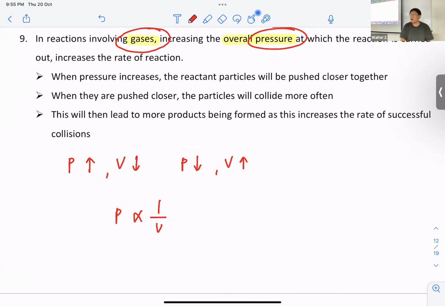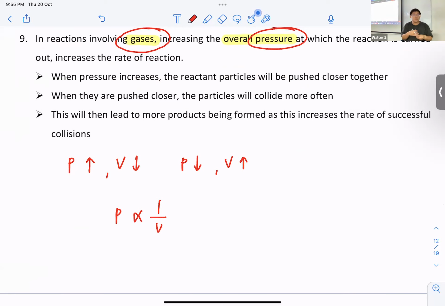So imagine right now, I have gaseous particles inside a system that's going to react with one another, okay? And I increase the pressure inside. When you increase the pressure, volume starts to drop. That will push the particles closer to each other.